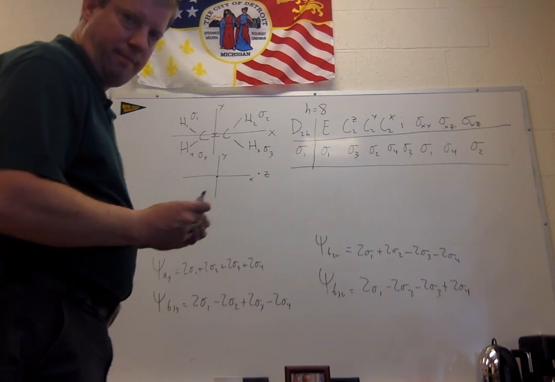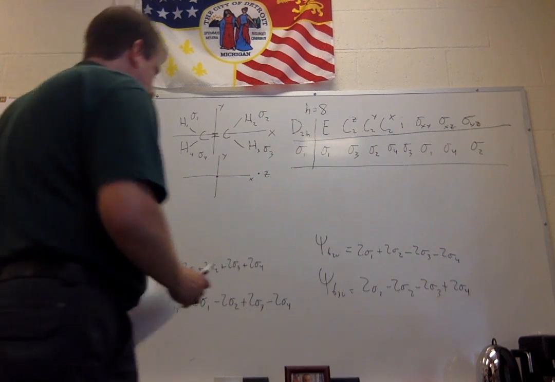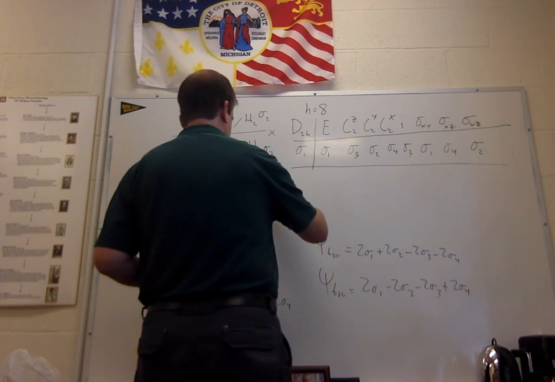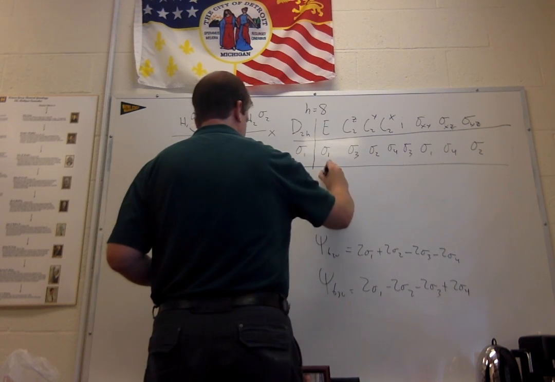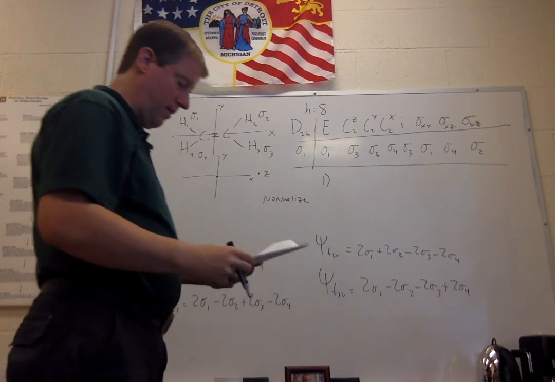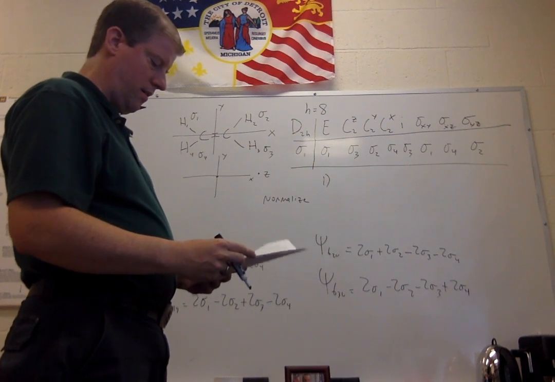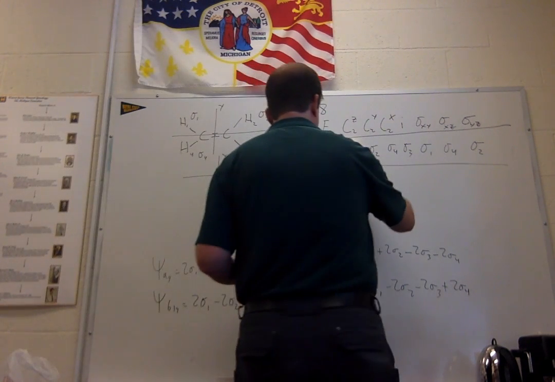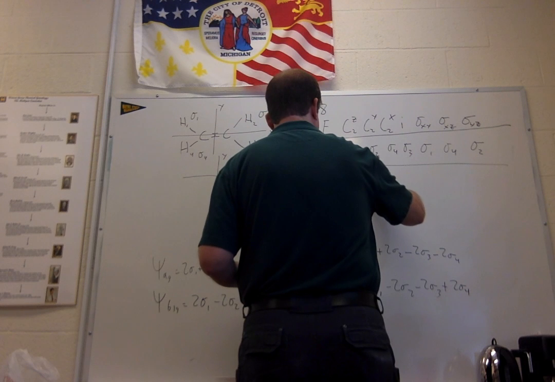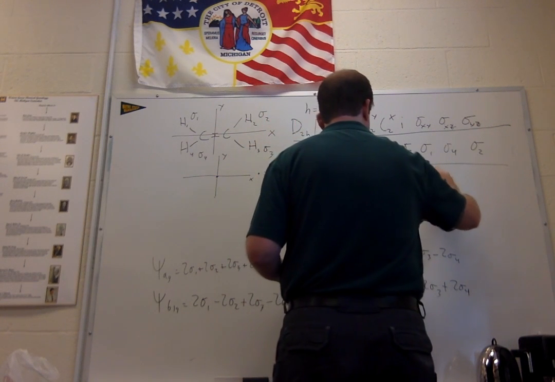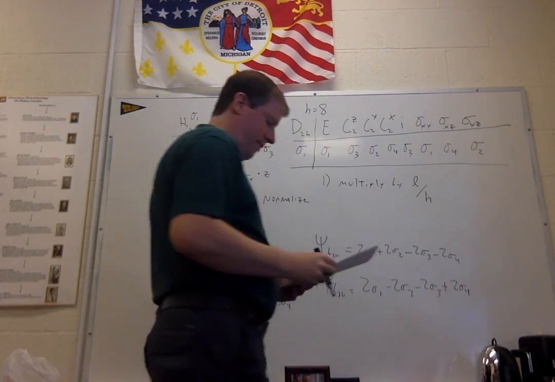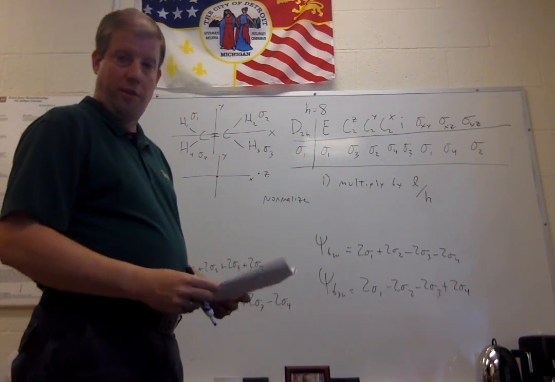There's two steps. So we want to normalize. First step, multiply by L over H. L is the order of the group.